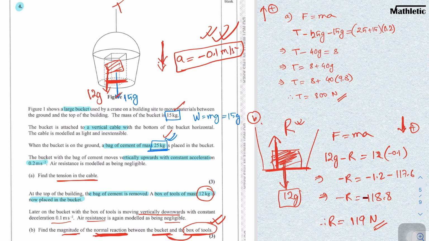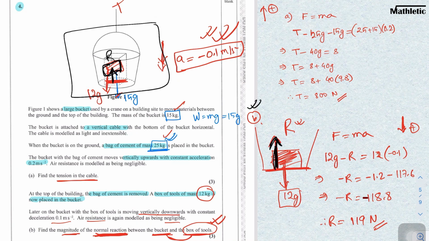As you have already noticed, for part B, I have used this box of tools only instead of the entire system. That's because we had to calculate this reaction force, right? If you include the entire system, you cannot calculate the reaction force, because this reaction force is exerted by this bucket on the box of tools.